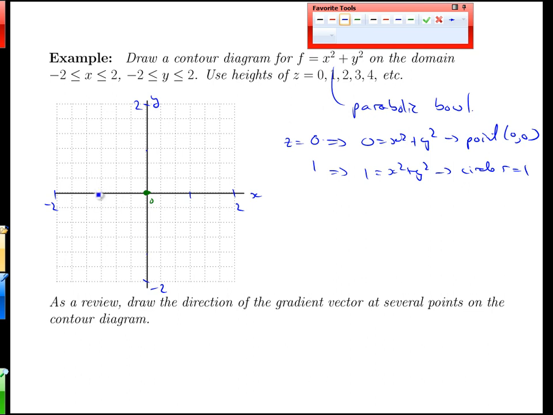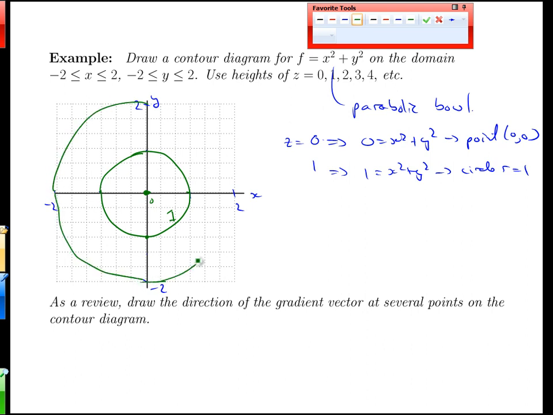And we'll sketch that out here. I'll do those in green. There we go. So that would be our circle of radius 1, and it corresponds to a height of 1 on the surface. And we saw a few other contours earlier.